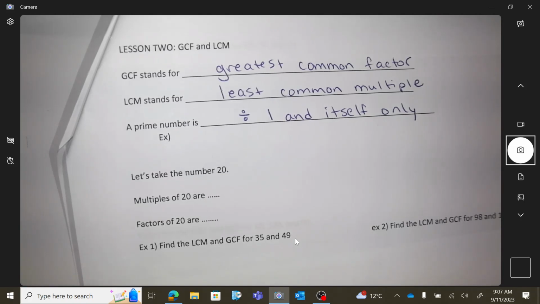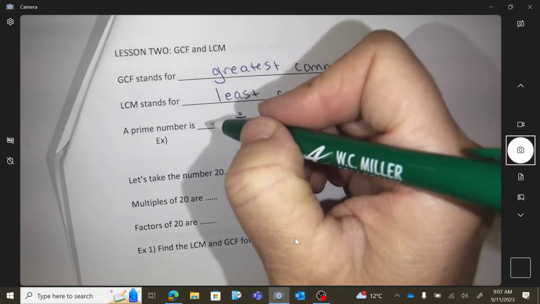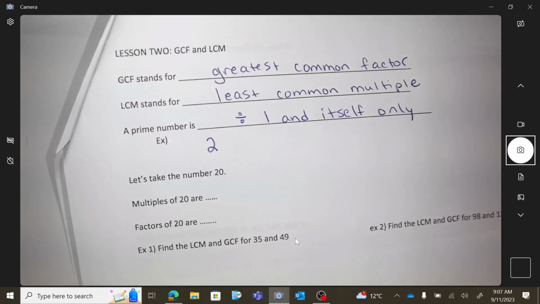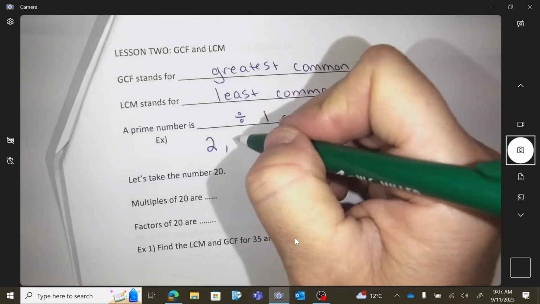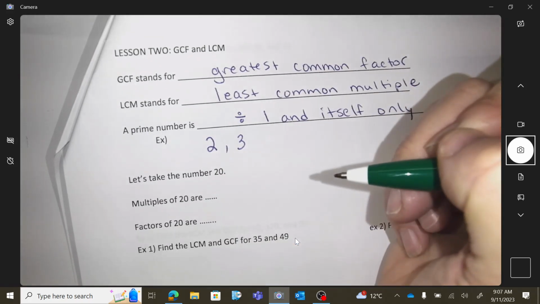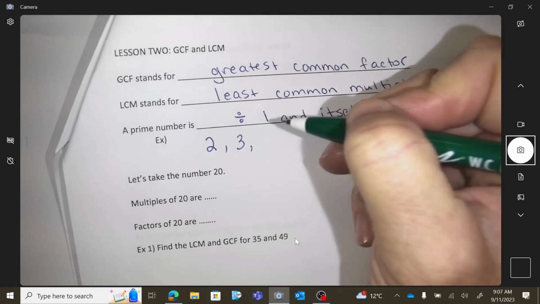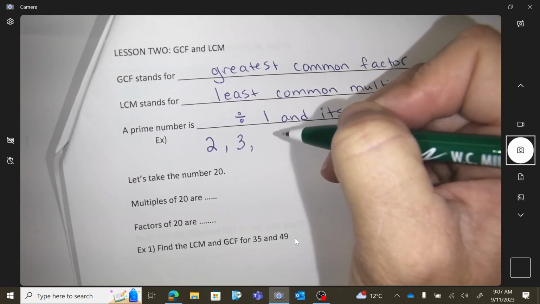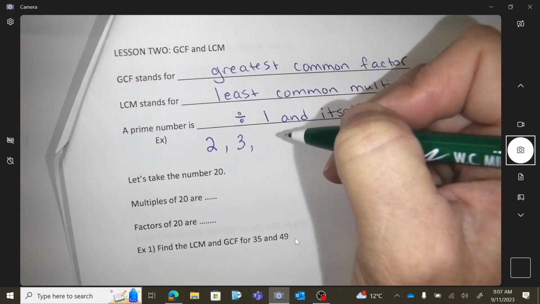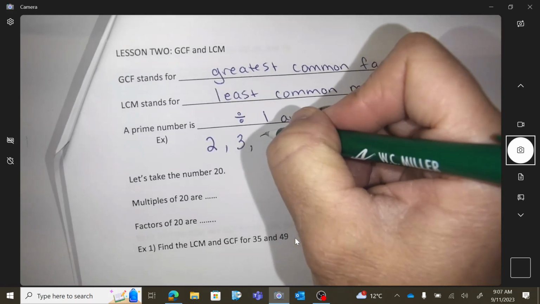So what's the next prime number? 2. 2 is a prime. You can only divide 2 by 2 and 1. 3 is prime. You can only divide 3 by 3 and 1. What about 4? No, because it's 4 times 1 or 2 times 2, right? 5.